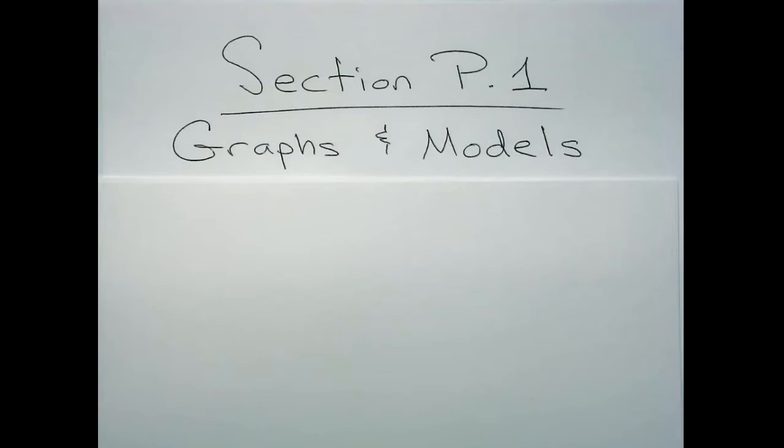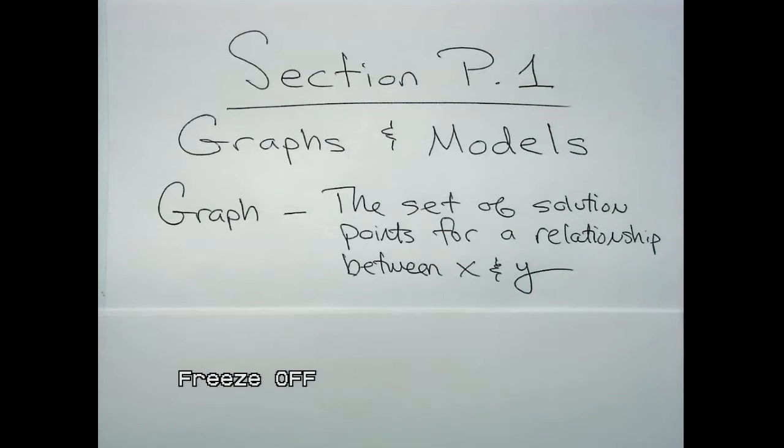So that's an interesting thing to learn about the difference between what we think to be a graph and actually what a graph is. So a graph is actually the set of solution points for a relationship between x and y. Naturally, the relationship could be an equation.